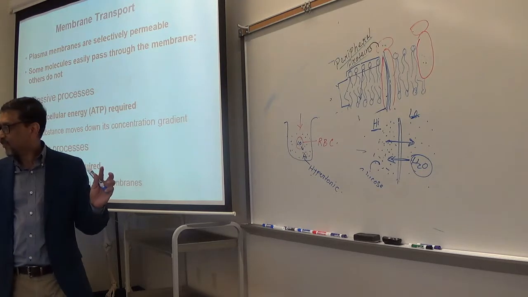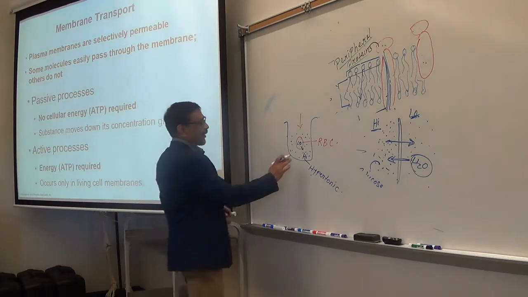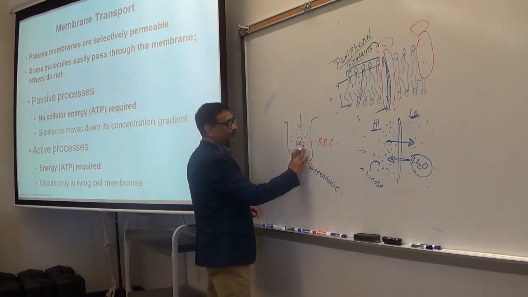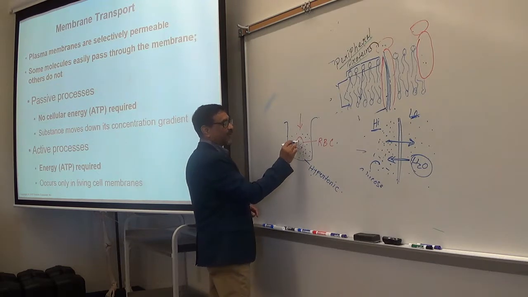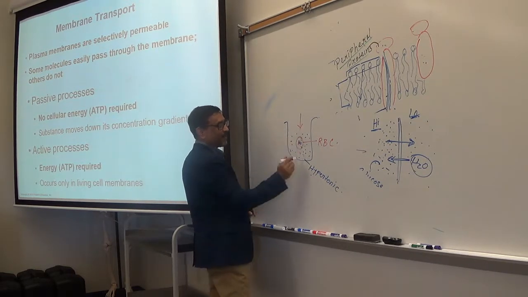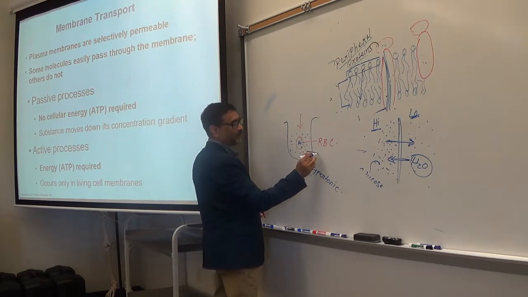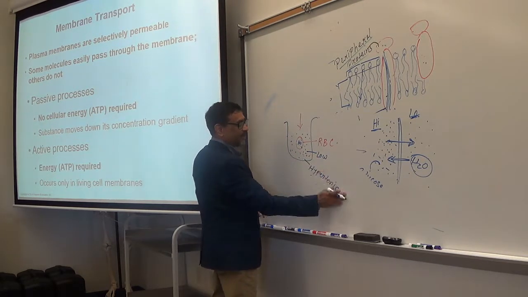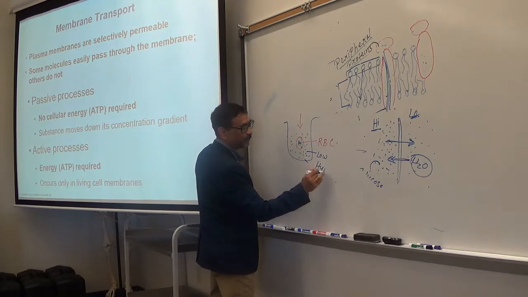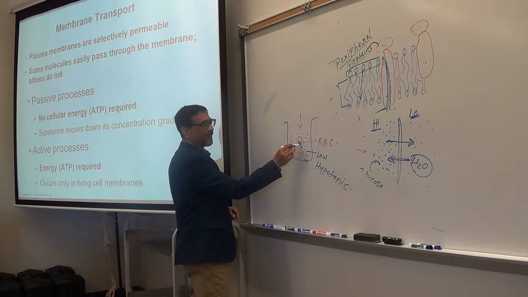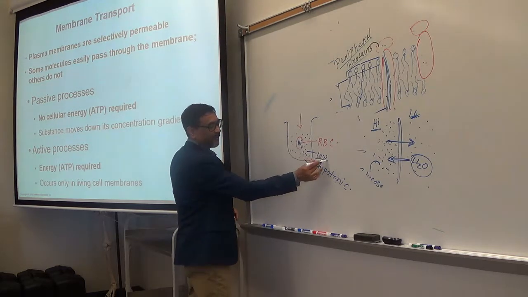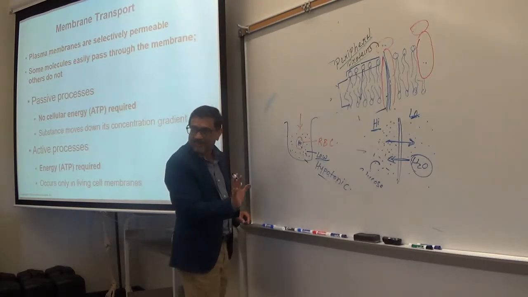Is it clear? Okay. Now I have changed the concentration of solution. Now this concentration is very low, so inside is high. This one is same, remains same, but now here is low because I have changed the solution. So this is hypotonic. Solution is now, concentration is less than inside the cell, so low, hypotonic. Make sense?